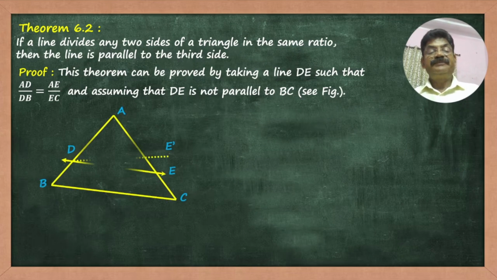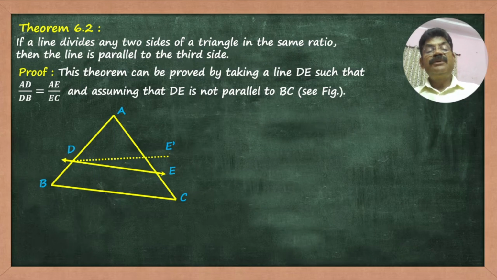You see this figure. ABC is the triangle, DE is the required line so that AD divided by DB is equal to AE divided by EC. This is given. Now we have to prove that DE is parallel to BC. But suppose that DE is not parallel.